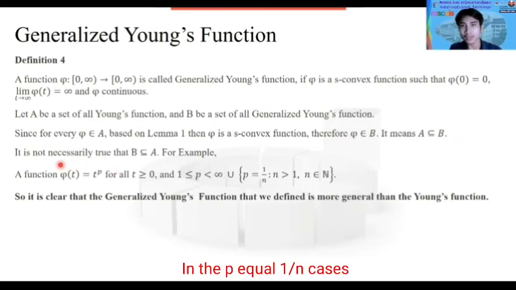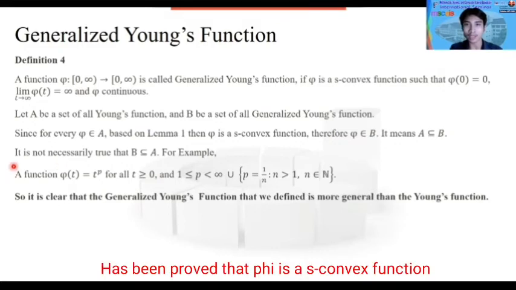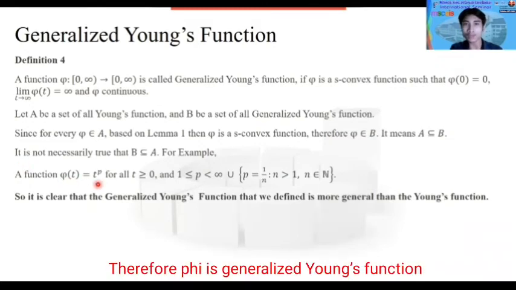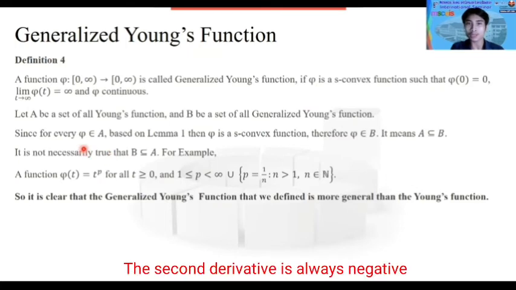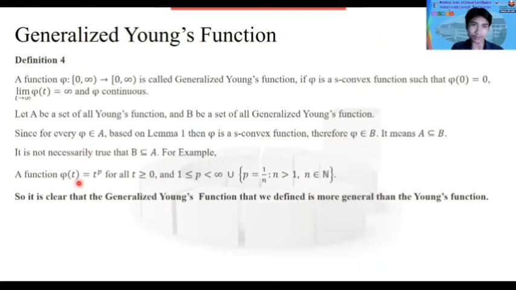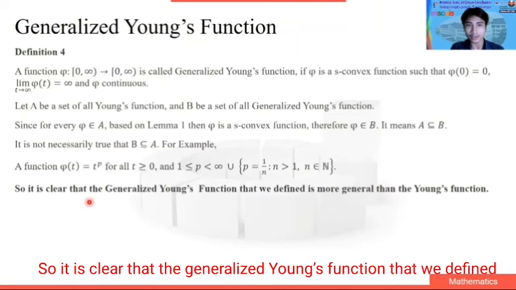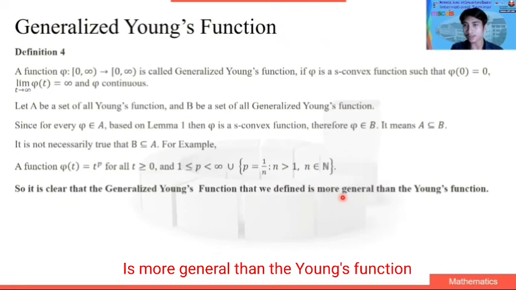In the case p equal to 1 over n, it has been proved that phi is an S-convex function. Therefore, phi is a generalized Young function. Phi is not a Young function because for the case p equal to 1 over n, the second derivative is always negative. Hence, phi is not a convex function. So, it is clear that the generalized Young function that we define is more general than the Young function.